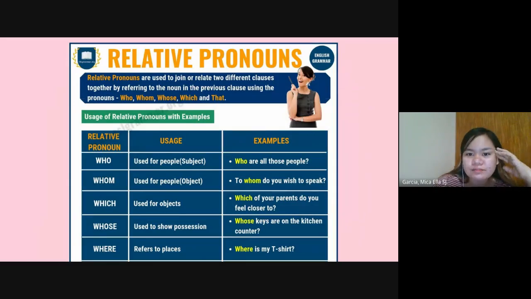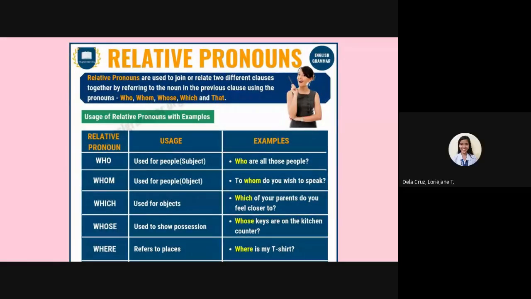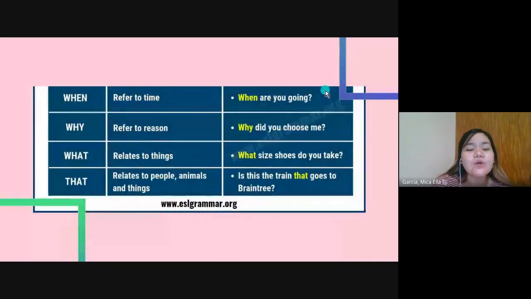When do we use it? Yes, LJ. We use the relative pronoun when we are referring to time. All right, very good. When we refer to time, we use the relative pronoun when.